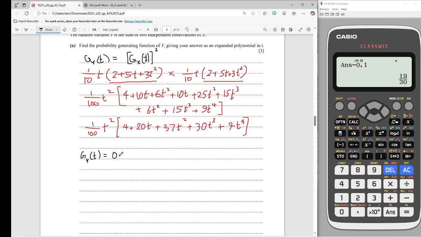We get 0.04 t squared plus 0.2 t cubed plus 0.37 t to the power 4 plus 0.3 t to the power 5, finally 0.09 t to the power 6.